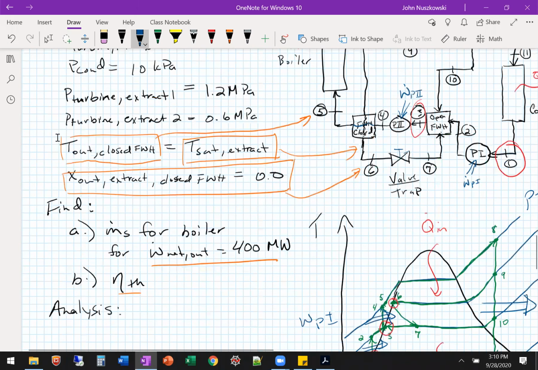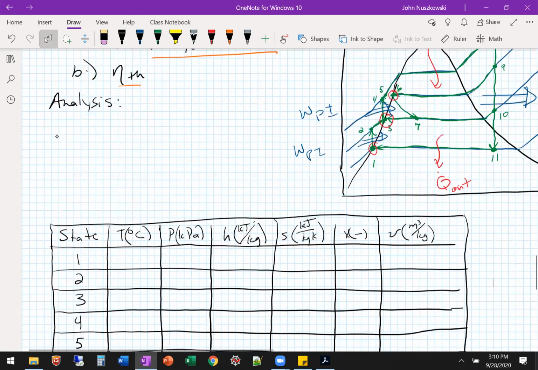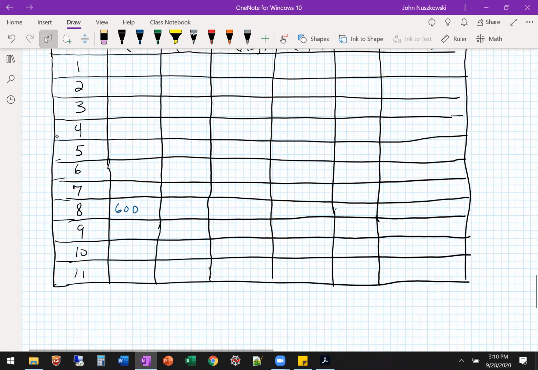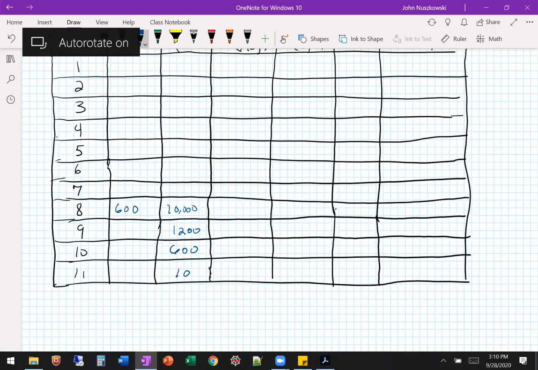So we have 600 degrees Celsius and 10,000 kPa. They gave us the extracted steam pressures, so that would be 1200, and then 600, and then the condenser pressure of 10.